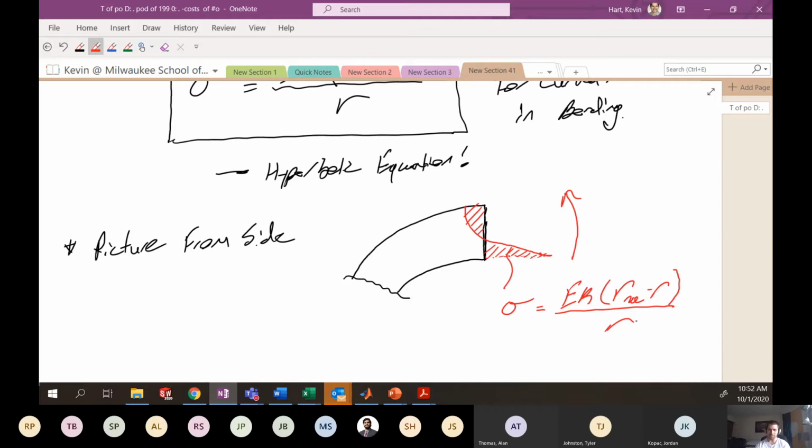Much different than the distribution that you see for straight beams, where you might assume it looks something like that. And man, would you be wrong, especially at this inner fiber here.